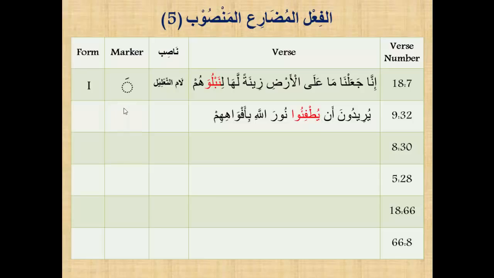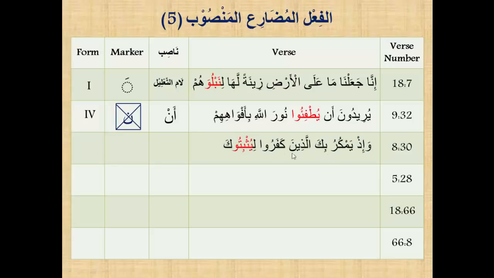So this is an example of a form 4 verb. Another clue that the marker is the dropping of the noon is that there's an alif left over next to a waw. This is a very interesting construction that tells us that previously in the marfu' we had a noon, but it's dropped because of the nasib.